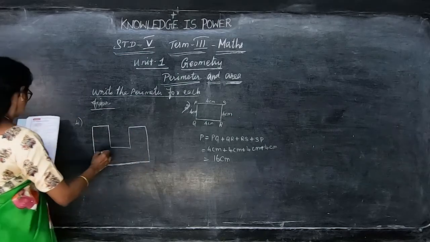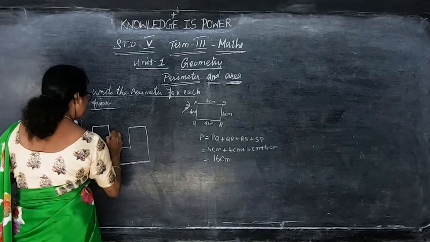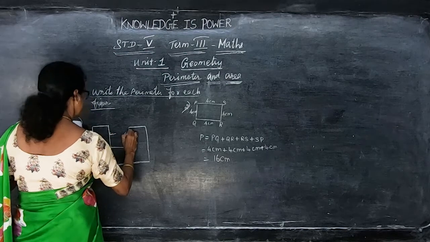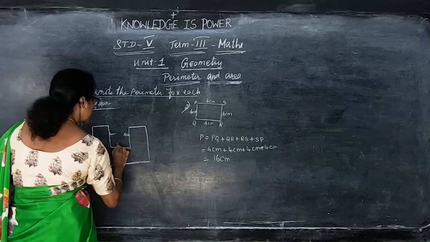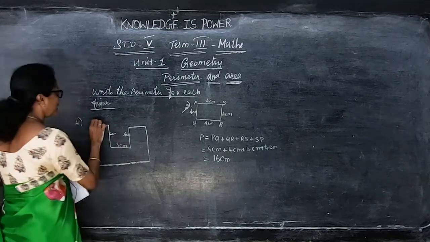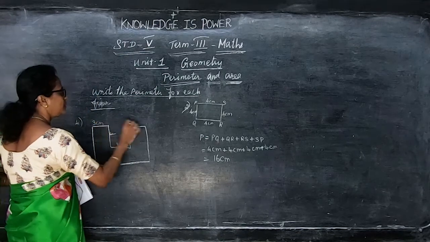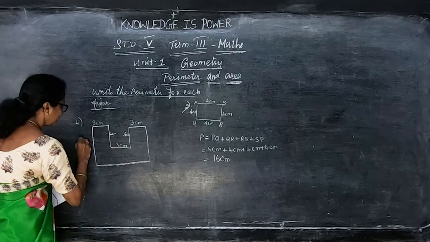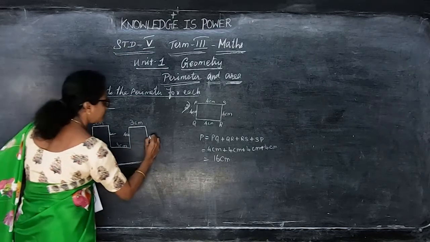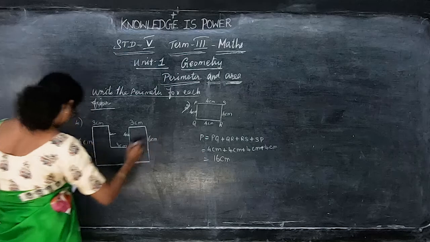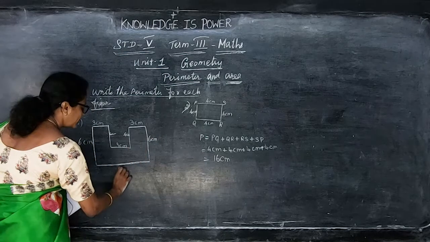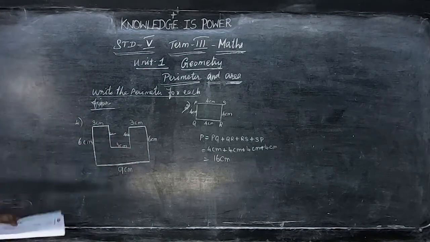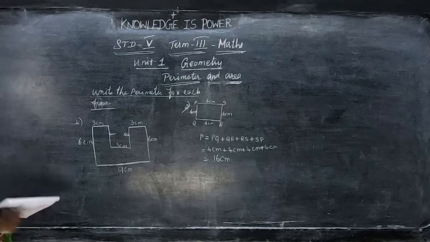Here this is 4 centimeter and this also 4 centimeter and this is 3 centimeter. Can you understand? Here 3 centimeter and this is 3, and here this side 6 centimeter and this side is 6 centimeter, and here 9 centimeter. Here they didn't give A, B, C, D, E, F, nothing. So just write the numbers.